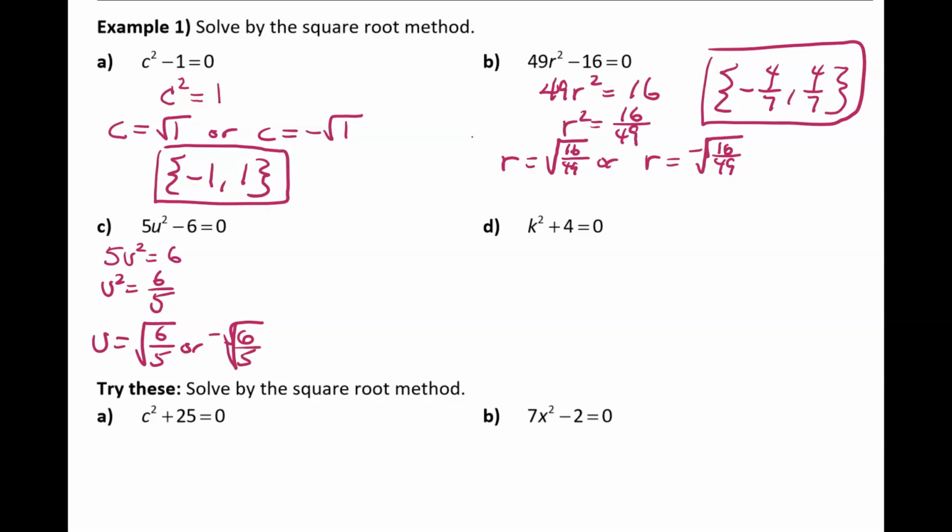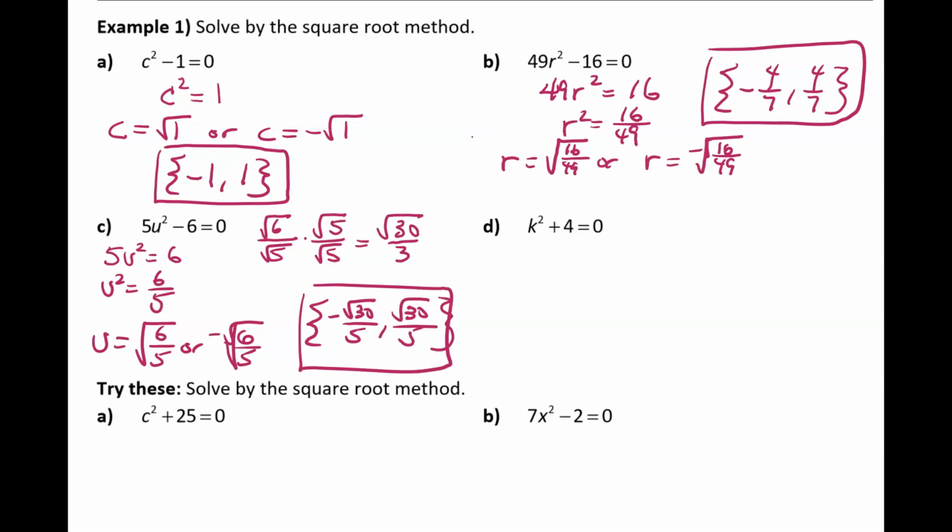That has to be rationalized since we can't have a fraction under the radical. So we're going to change it to the square root of 6 over the square root of 5, and then we're going to rationalize it by multiplying numerator and denominator by square root of 5. That'll give us square root of 30 over 5. So this gives us a solution set, negative square root of 30 over 5, or positive square root of 30 over 5.